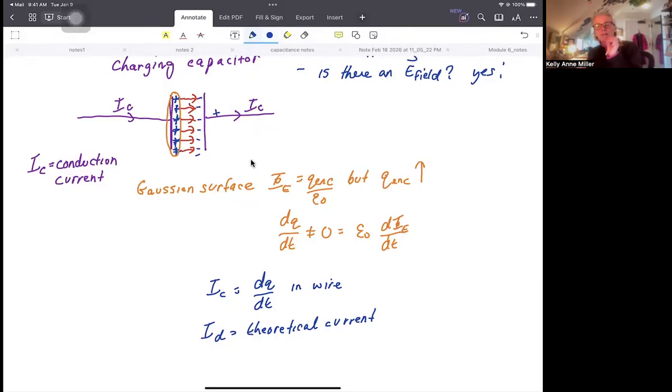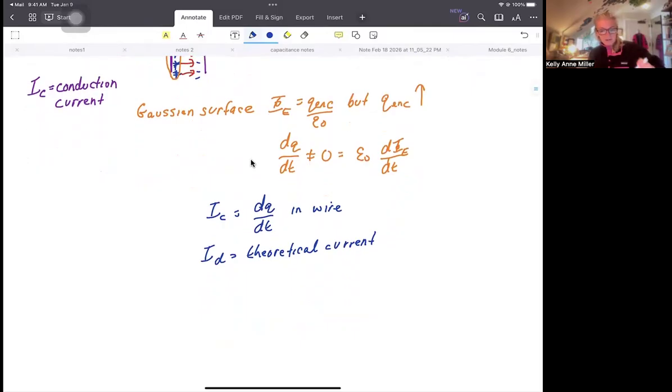So the displacement current is a theoretical current that must exist for Ampere's law not to break.